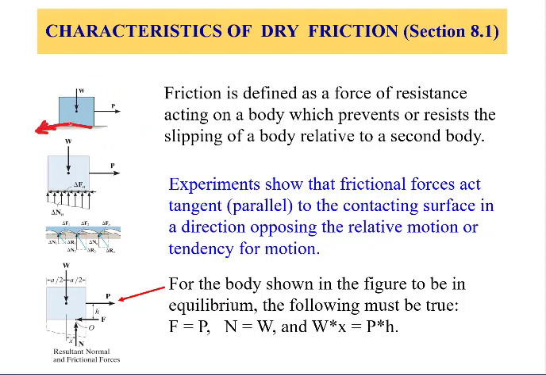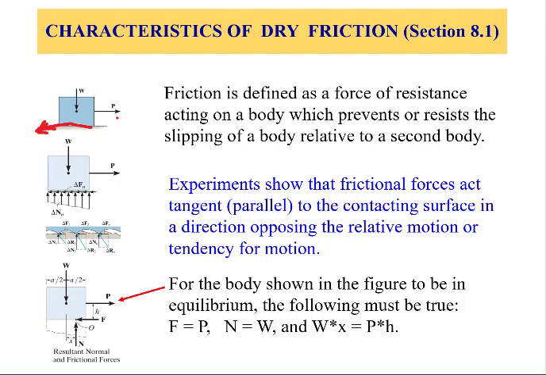Consider the scenario this box could undergo, assuming that the value of the load P starts from 0. Experimentally, you will observe that the box will not start moving immediately as the force increases from 0 to an incremental value higher than 0. Rather, it will start moving at a certain value.